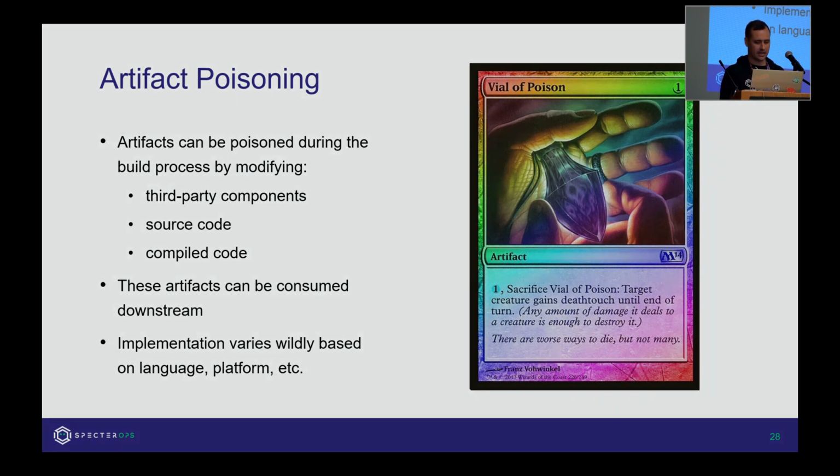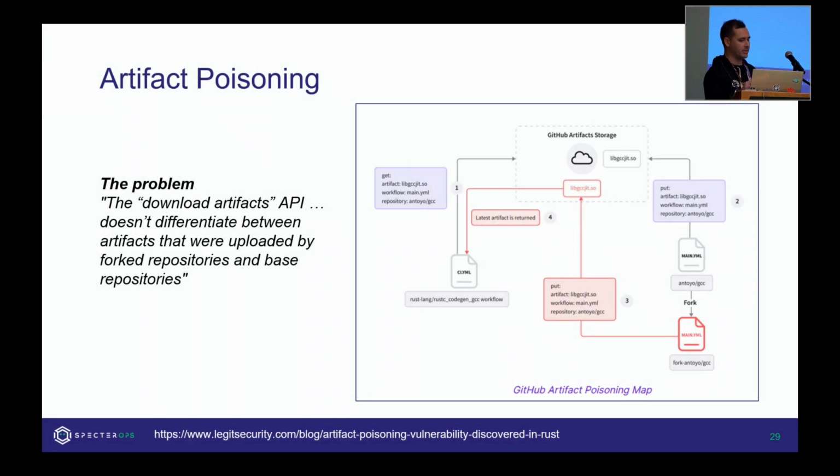This is a pretty interesting attack, and there are some pretty serious dangers here. There's a great blog post by Legit Security on artifact poisoning, and this existed in Rust-Lang. What happened was they used that pull request trick that we just talked about, where a pull request is going to execute inside of a runner. That runner is able to upload artifacts, and it does not upload artifacts on behalf of the user who made the pull request. It uploads artifacts on the repository.